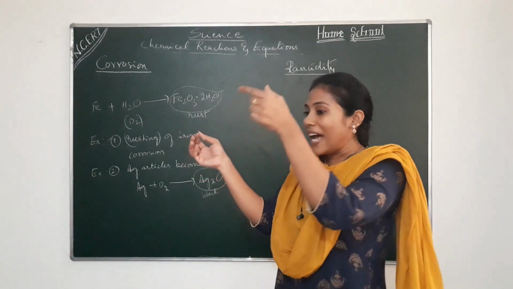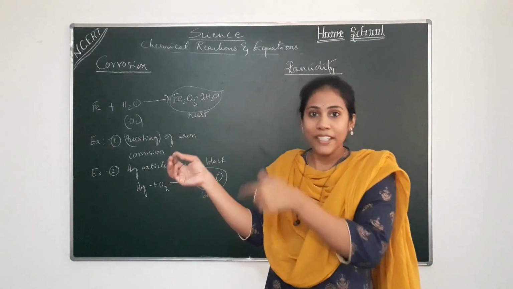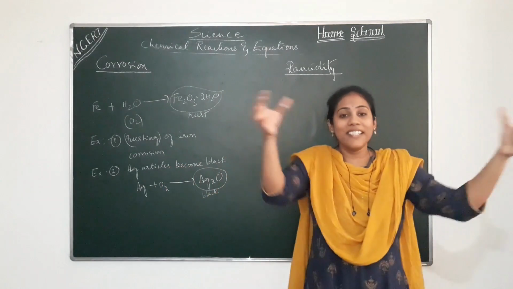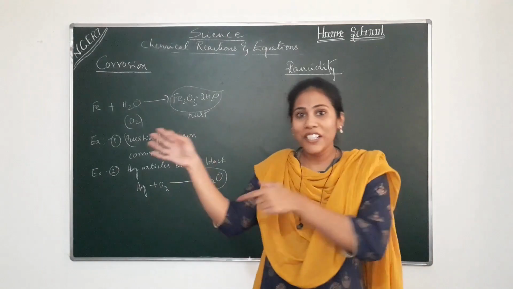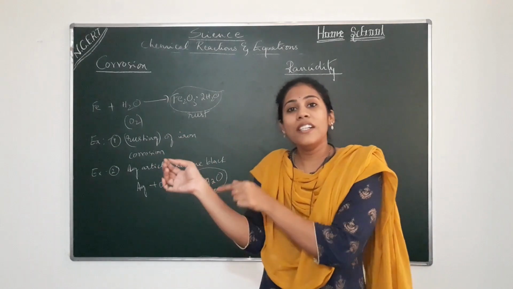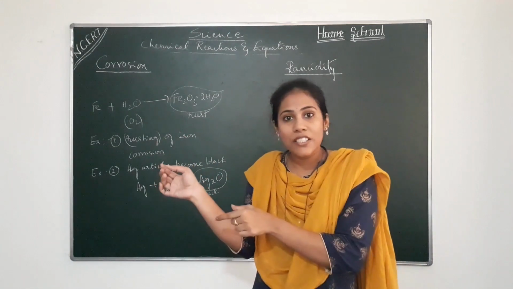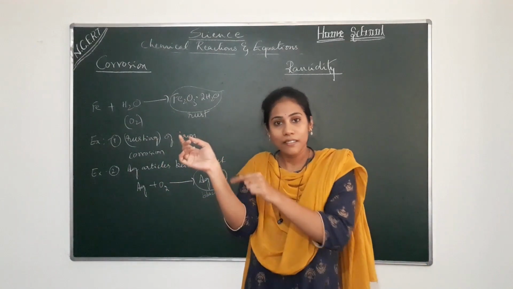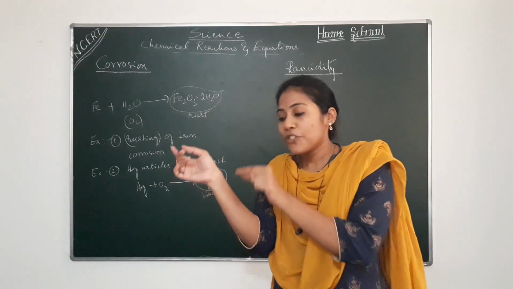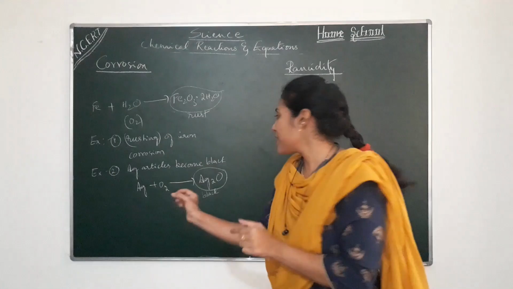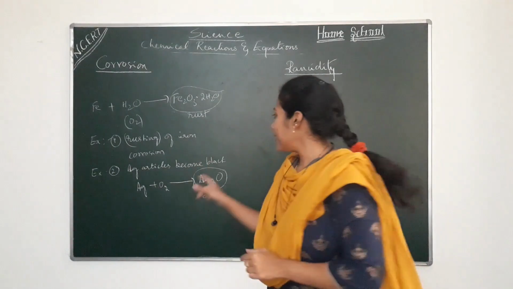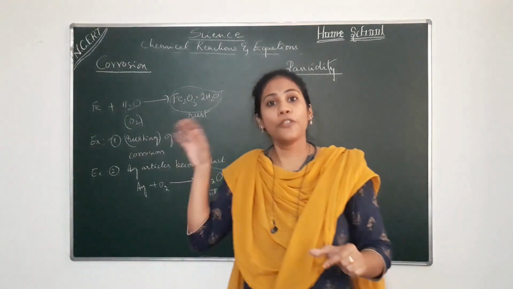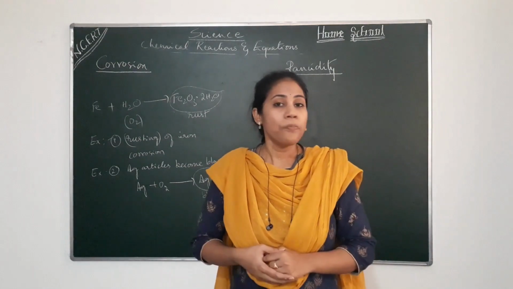Every day I go out, I get exposed to the atmosphere, right? We can't stay inside the house in a dark room. So this silver bangle will react with oxygen, and slowly a layer of silver oxide would be formed. That is the black color. That is why silver articles become black as the days go on when exposed to oxygen.